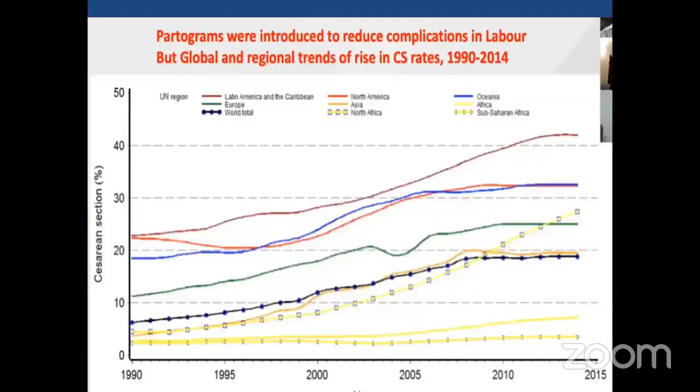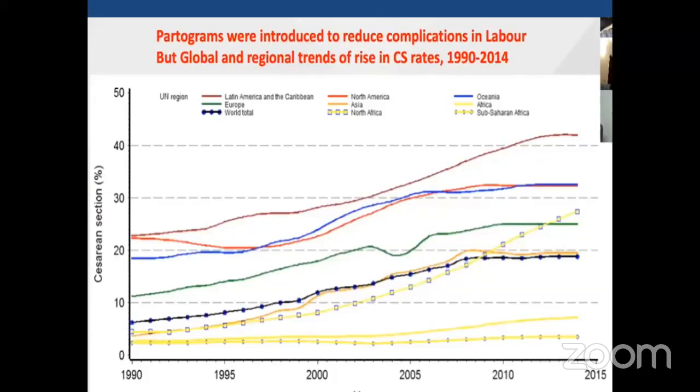Now, the first and foremost thing, let us see what are the trends in Caesarean section rates. As usual, when we talk of trends, we give line diagrams where we show the rate of the Caesarean section versus the year. If you look at this, you can see an exponential rise in Caesarean section rates from 1990 to 2015.